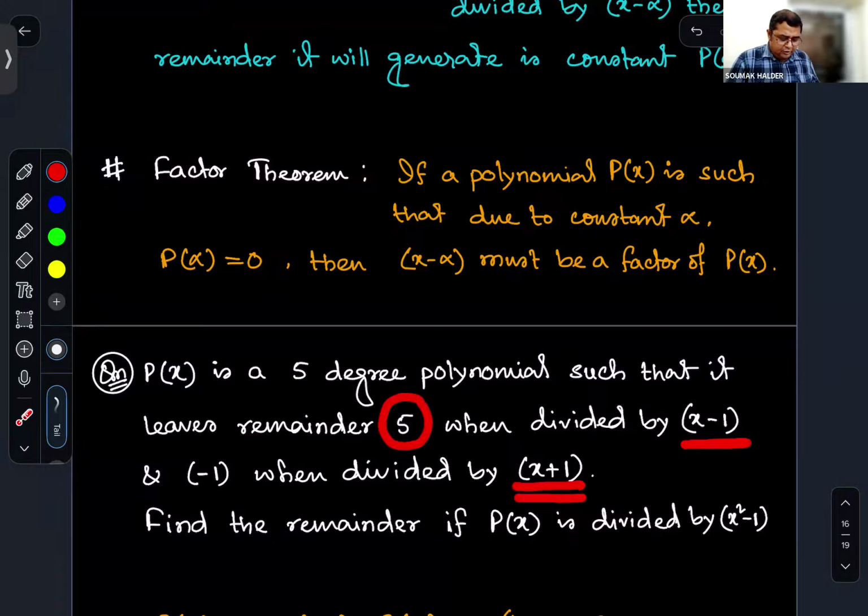On a similar note, p of x ke x plus 1 দিয়ে divide করলে what we are supposed to get is p of minus 1 and that value is minus 1.